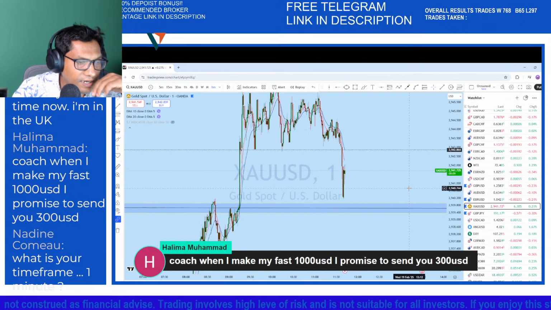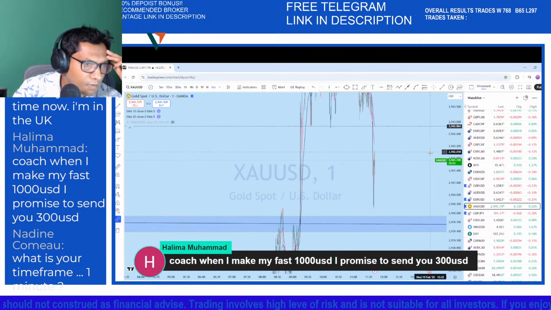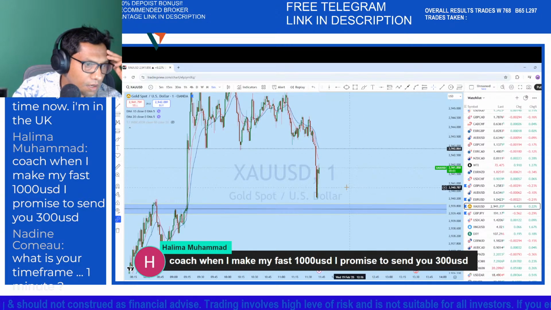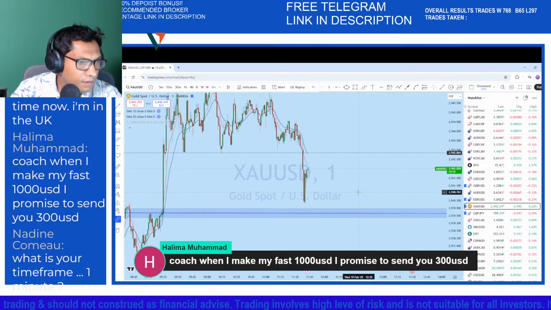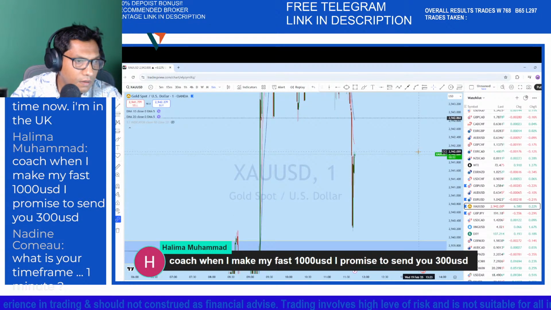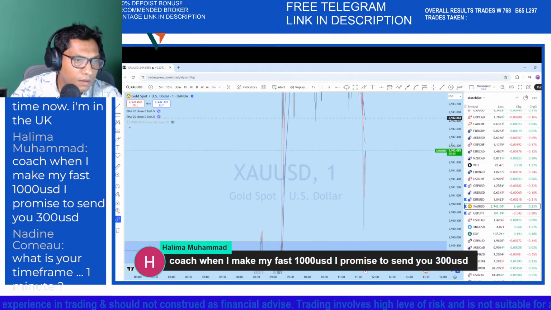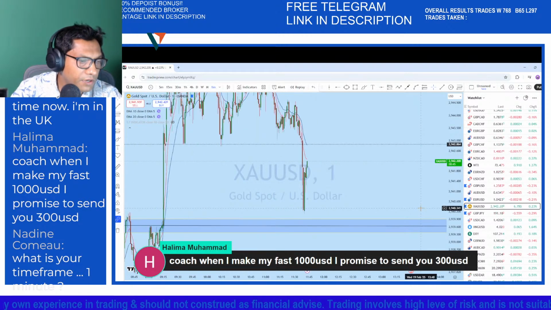And in the daily support, you can see this is the daily level, daily support here. And a pretty important level.